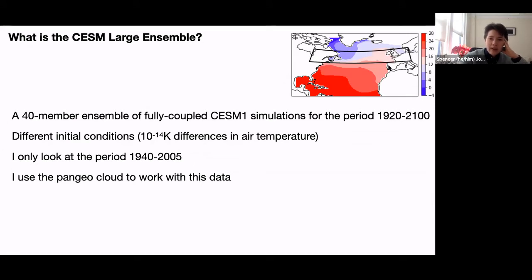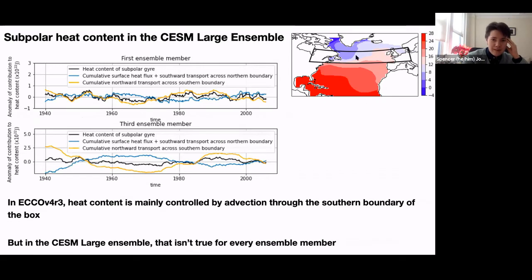And so I'm really looking at this box, which of course is slightly different because CESM has a slightly different model grid, but it should be relatively similar. You can see here I've done a similar kind of heat budget to what Pye-Cush did. I want to know what controls the heat content in this box.